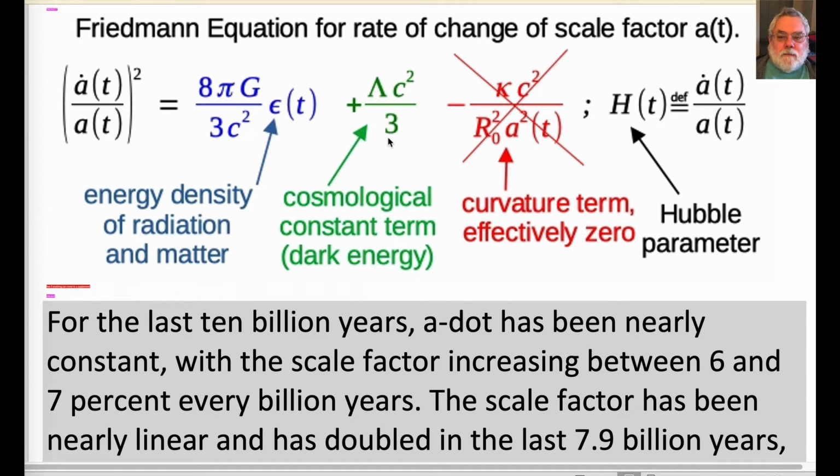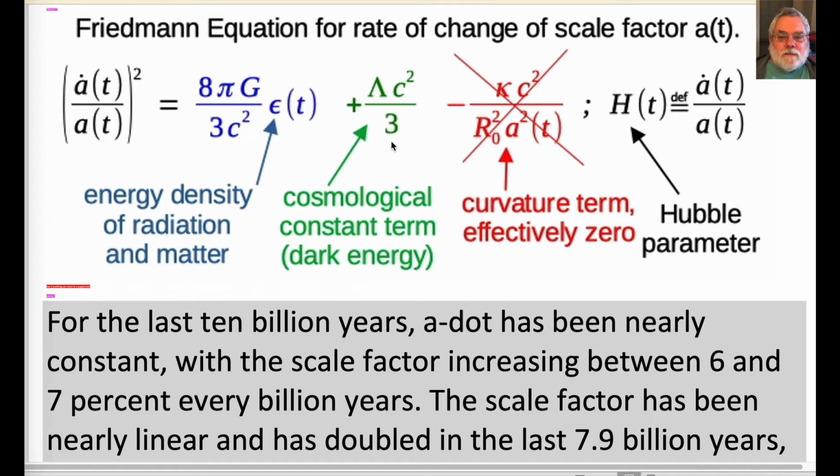Dark energy is the modern name for this term, to distinguish it from the energy of radiation or matter. You can think of it as the energy of the vacuum of space, though that interpretation has serious issues that we won't cover.